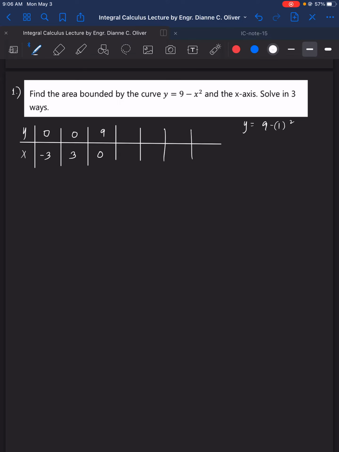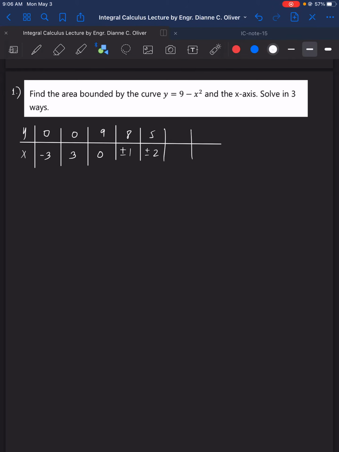So if we put the value of x as positive or negative 1, the value of y is 8. If we put x as positive or negative 2, that is 9 minus 4, so y is equal to 5. I think that's enough already, okay?